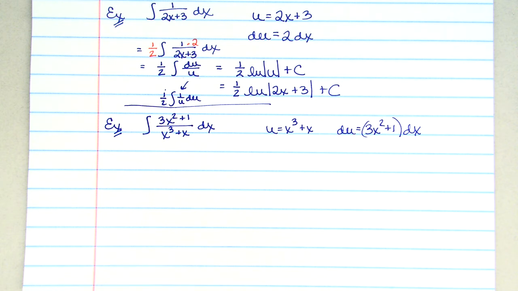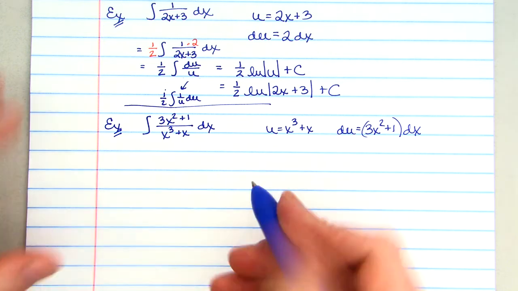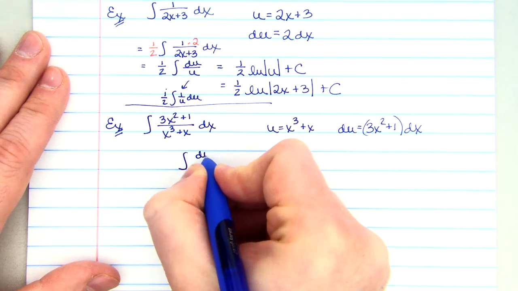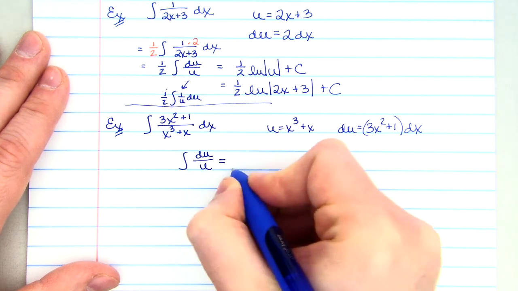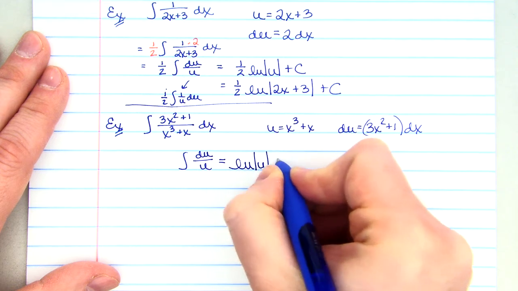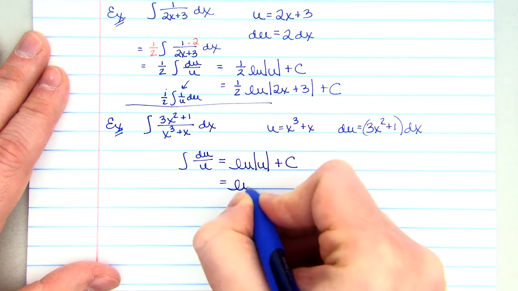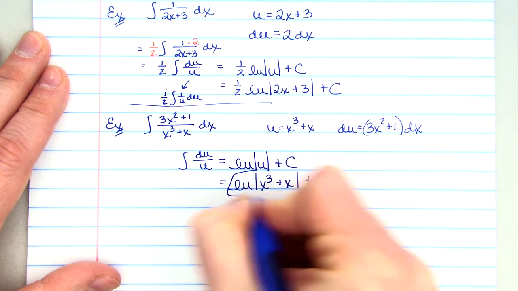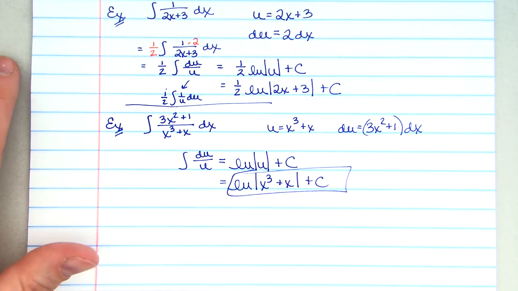I can only still give you very specific types of problems, or things are not going to work. Natural log of the absolute value of x cubed plus x plus c.